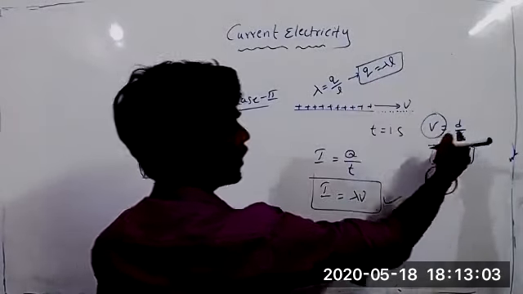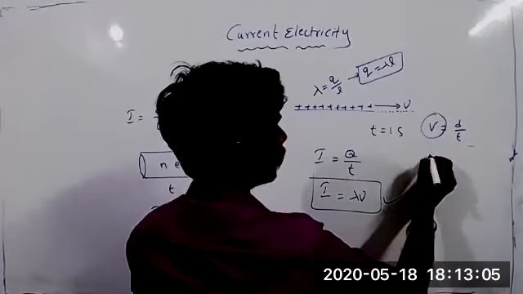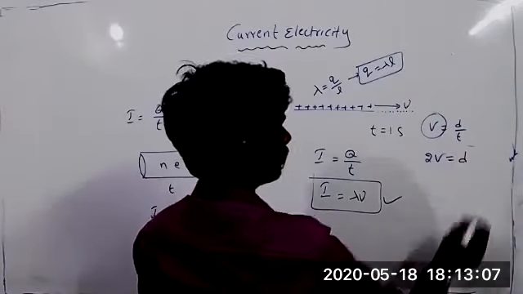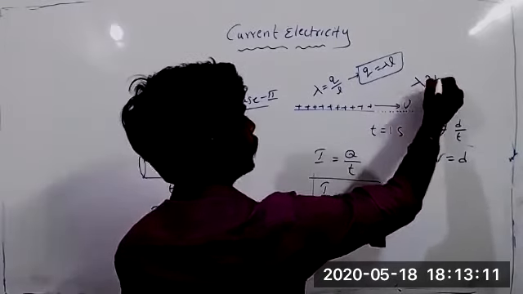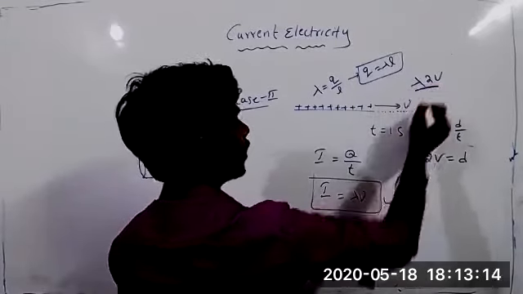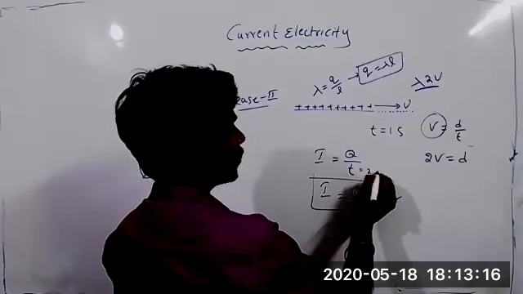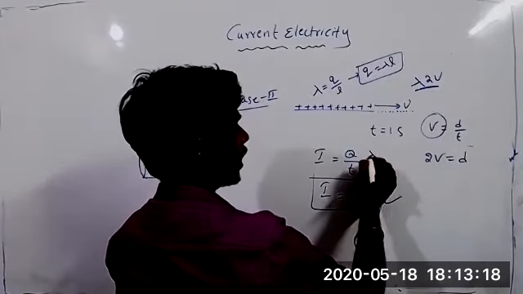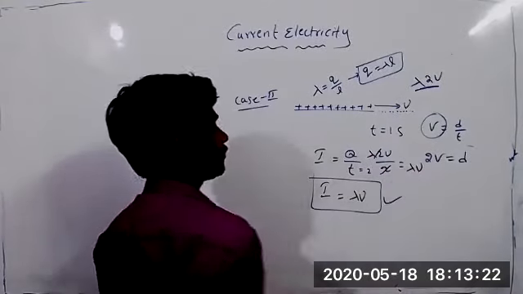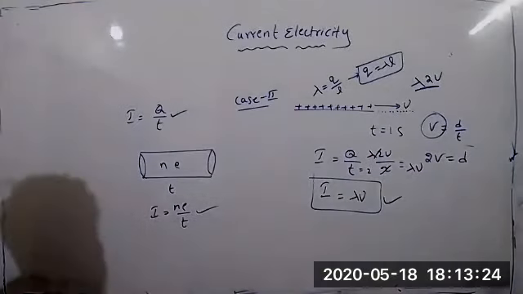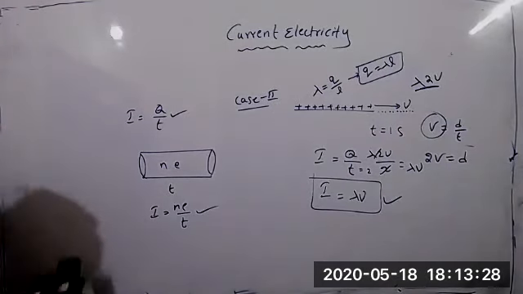If time is 2 seconds, then the length is 2V. So the charge equals lambda 2V, and the time is 2 seconds. Substitute lambda 2V by 2, the 2 gets cancelled, and again you will get lambda V. You will get the same thing.